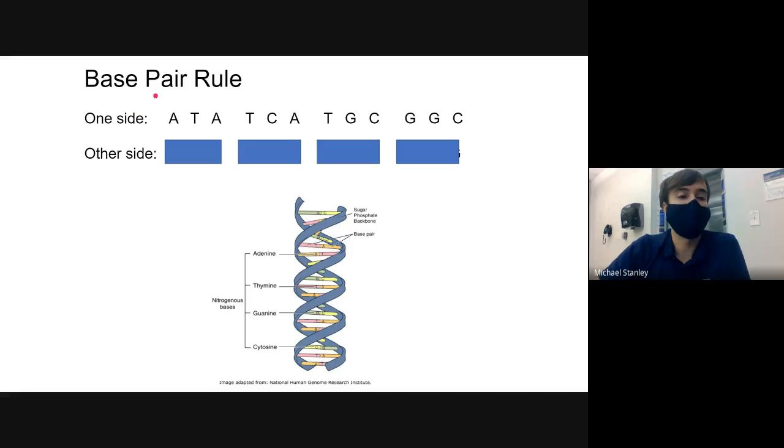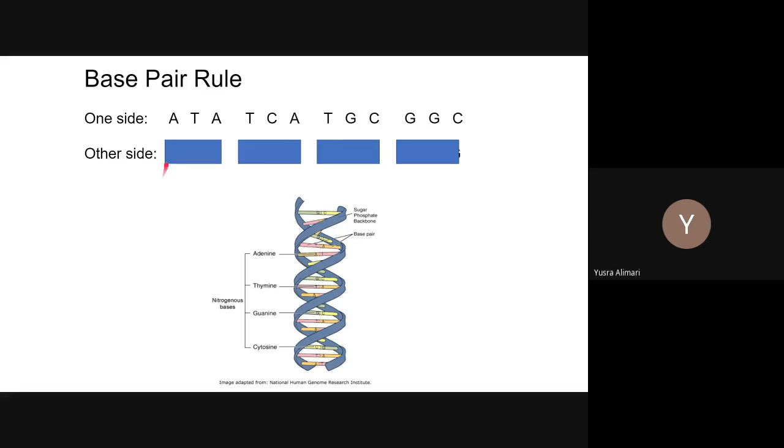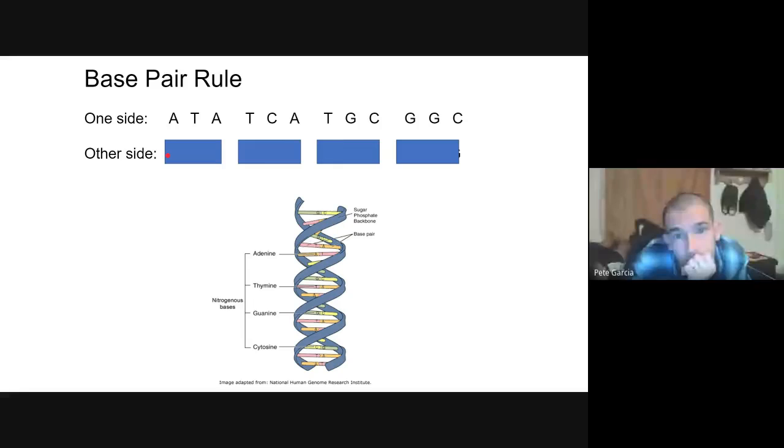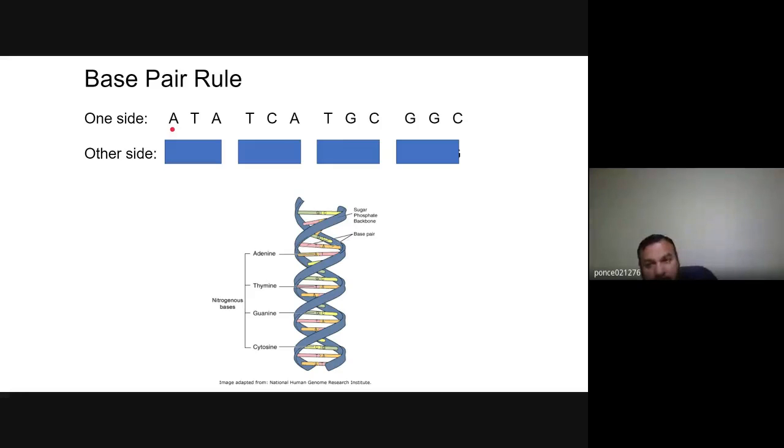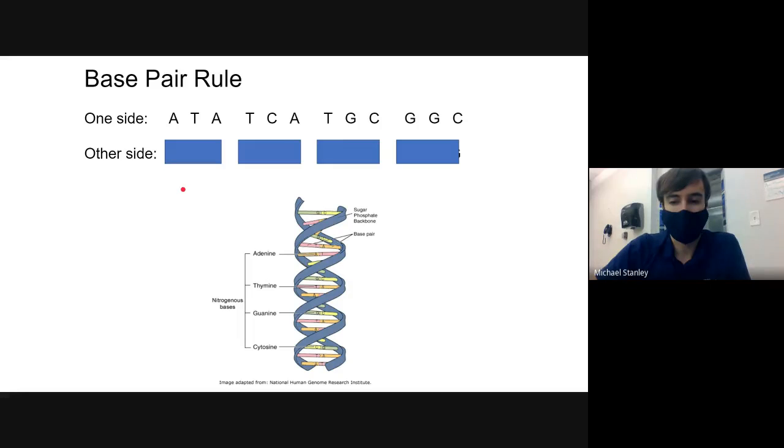For example, on one side of the DNA, we have the bases A, T, A. So what is it going to look like on the other side of the DNA? Is it TAT? Boom, TAT.